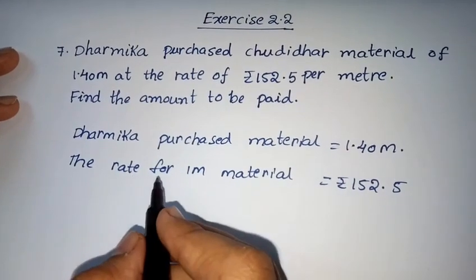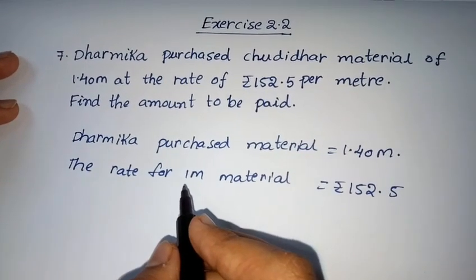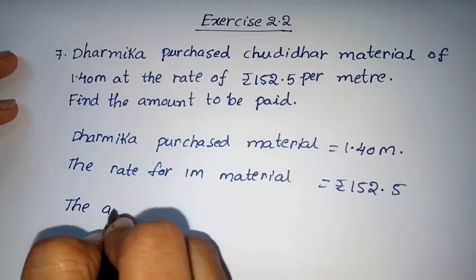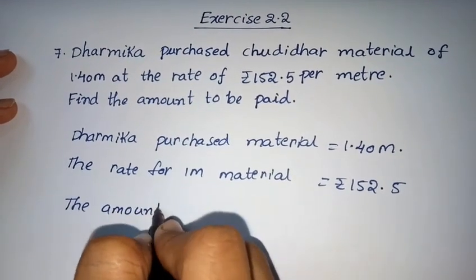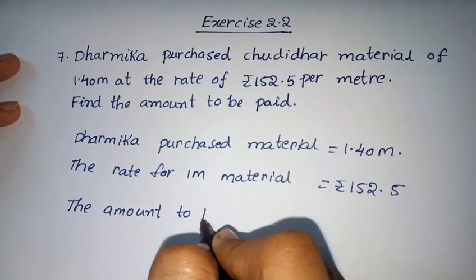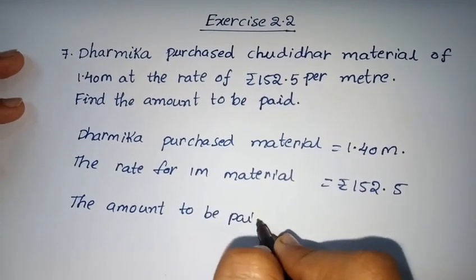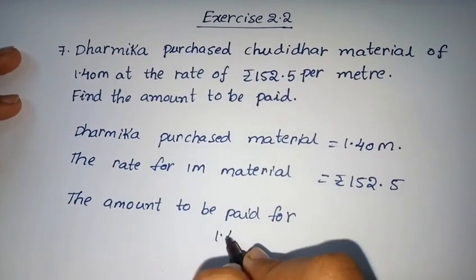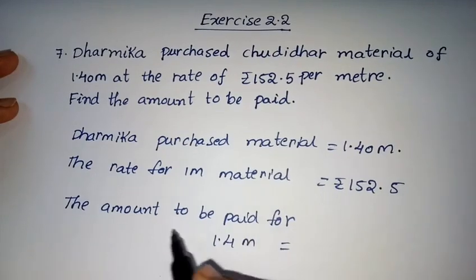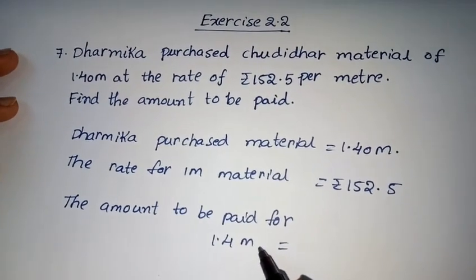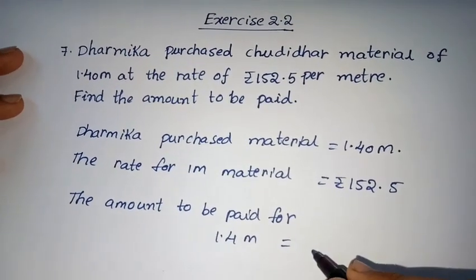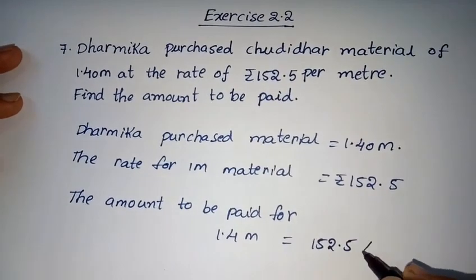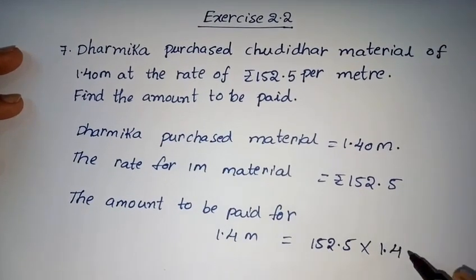They are asking the amount to be paid for 1.4 meters. So the amount to be paid for 1.4 meters is equal to 152.5 rupees into 1.40.